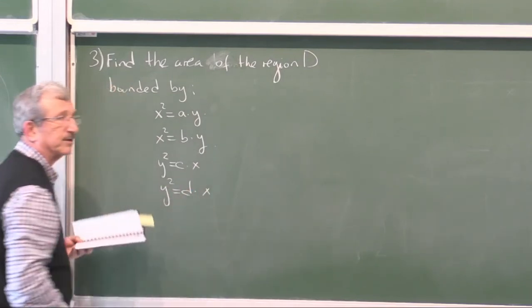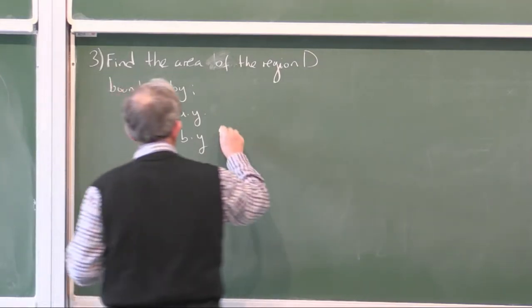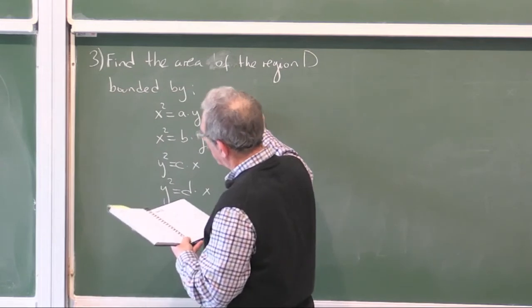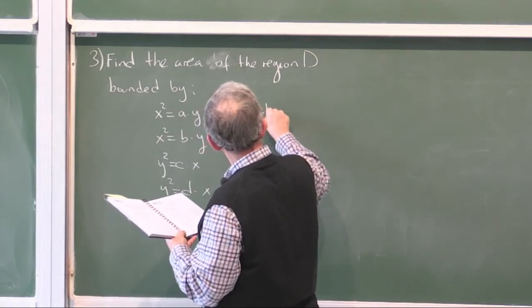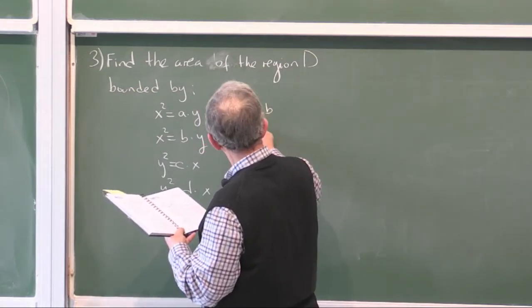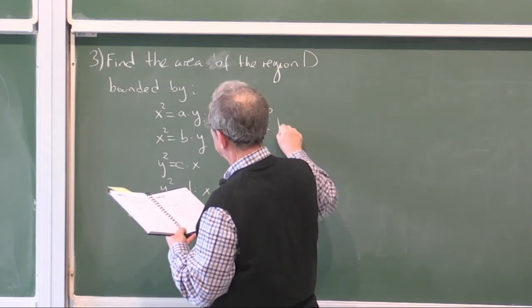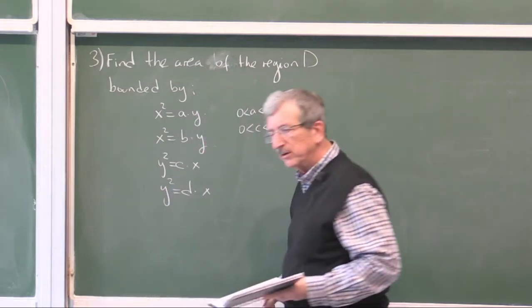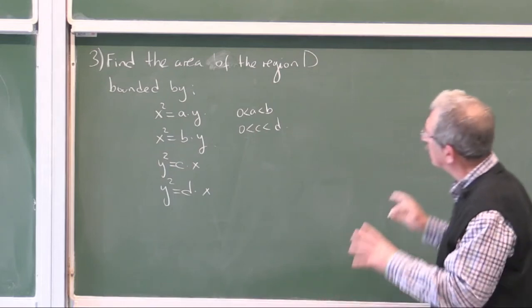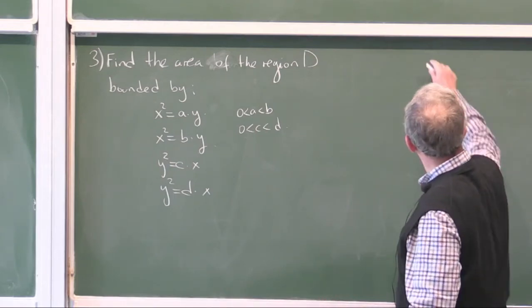Here a, b, c, d are constants, of course, and these are all positive numbers. b is the larger one and a is the smaller one. So this is the region bounded by these four curves.